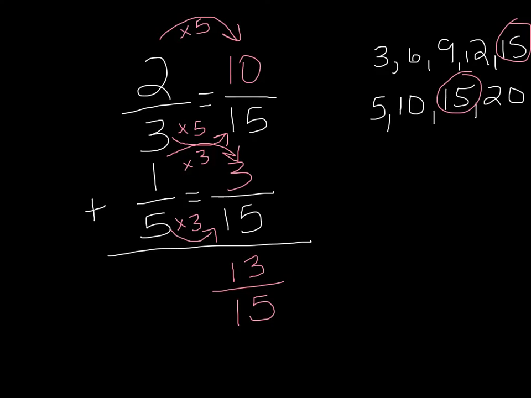In fact, we can't simplify this number. 13/15 is the simplest terms that we're going to be able to get for the sum. Remember, finding the equivalent fractions involves getting that common multiple and then uncovering the mathematical rule that you can use to create an equivalent fraction with that. Good luck, fraction finders.